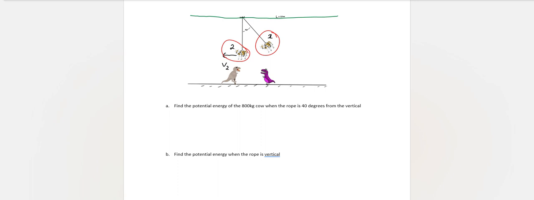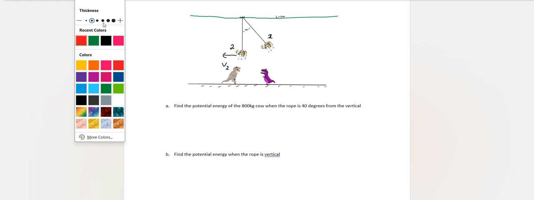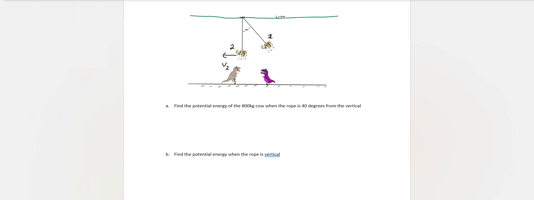Now another important concept here, the work term. If you draw a free body of the cow and you think about that free body at some arbitrary location, like maybe here I'll draw it at position 1, you've got the gravitational force acting down, and then the rope is effectively pulling kind of up and left on the cow, creating what's called a tension force. And when you evaluate the work term, ask yourself, does the gravitational force do work?